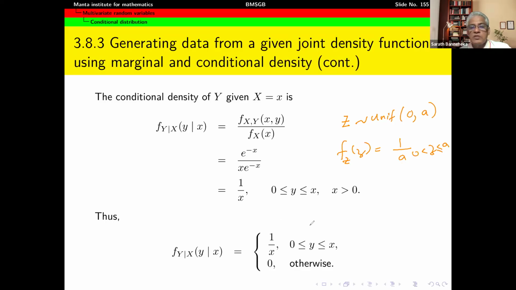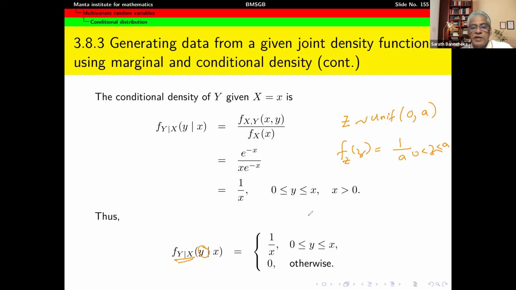So what you have is a very similar thing here, right? 1 over x, where x is a given value now, it's not a random variable, and we are looking at this function evaluated at y, and that y is between 0 and this x here. So it's exactly like this.